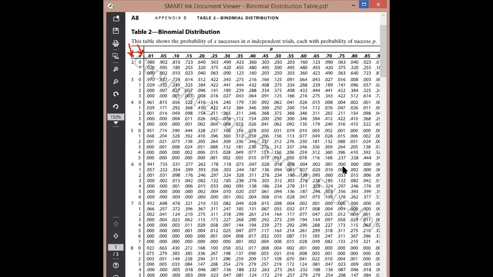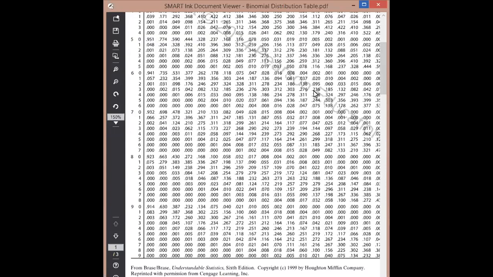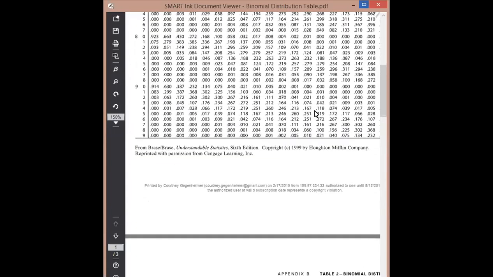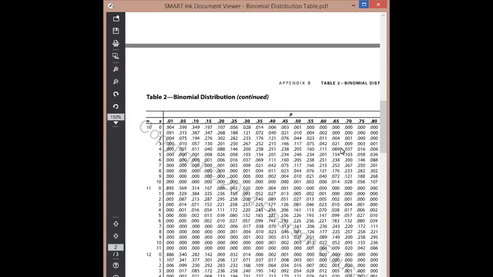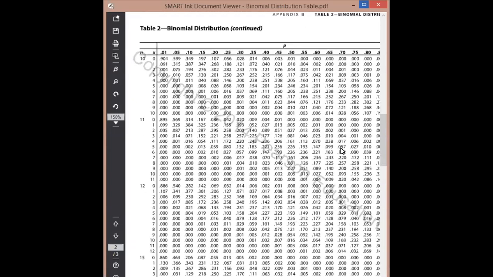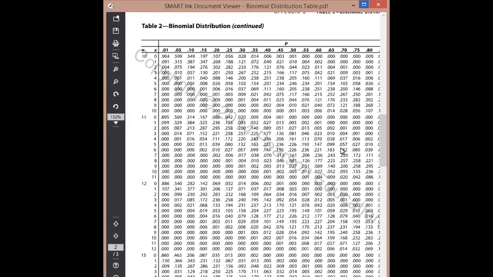So what we want to do is go down to where n equals 10, and that's actually on the next page. So here's n equals 10. For our value of x, we're looking at x equals 4.